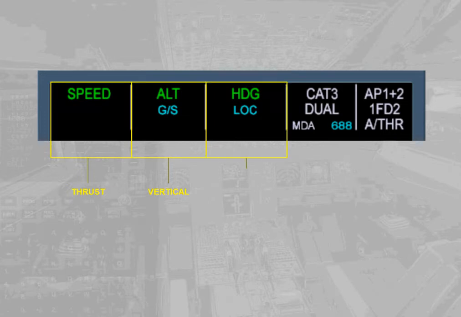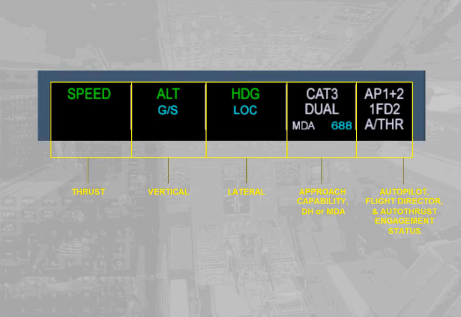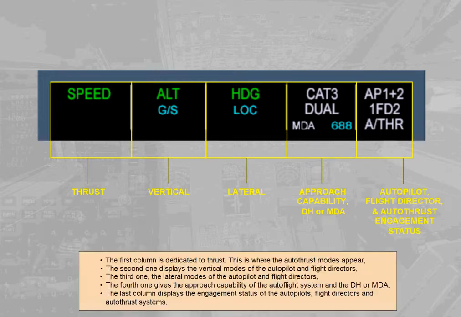The third one, the lateral modes of the autopilot and flight directors. The fourth one gives the approach capability of the autoflight system and the DH or MDA. The last column displays the engagement status of the autopilots, flight directors and autothrust systems.